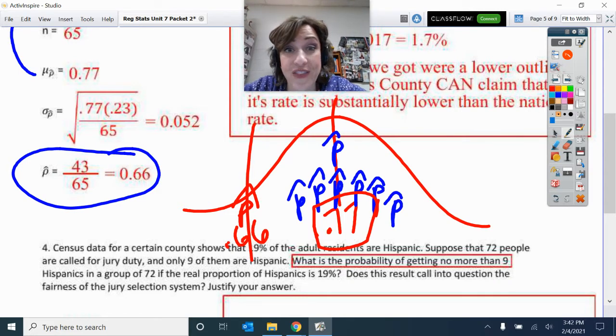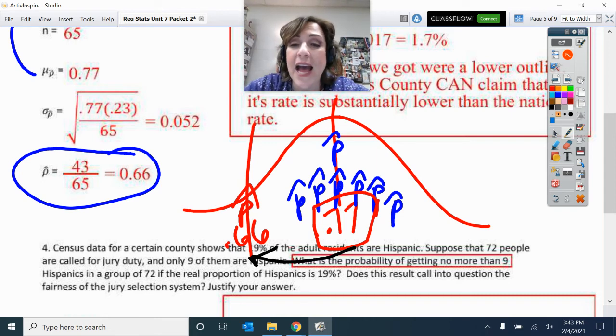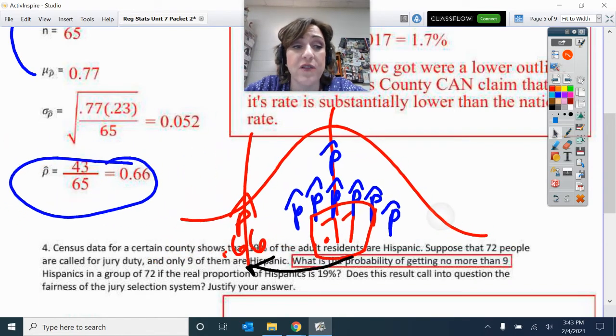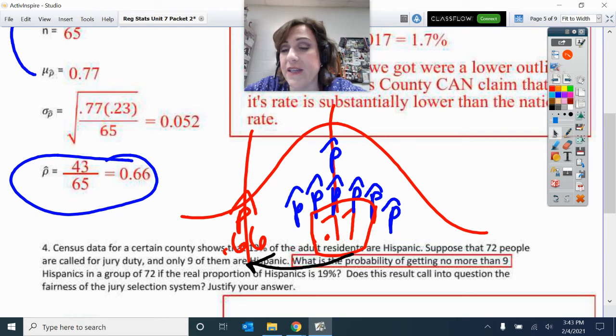Therefore, I don't think the data is probably centered at 0.77. I think Dallas County's center, I'm not saying it's centered at 0.66. I can't do that. I just say I think that this overall thing is shifted a little to the left so that it's not centered around 0.77.